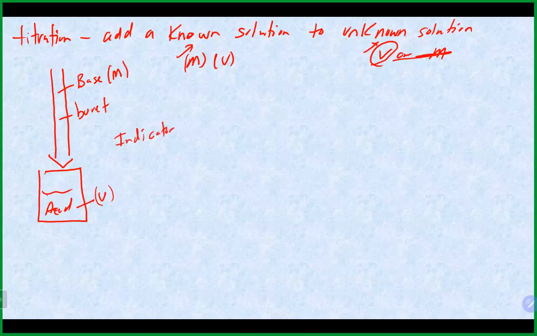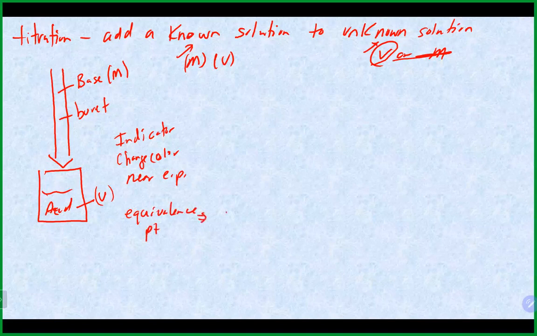And an indicator will change color near the equivalence point in a titration. And the equivalence point in a titration of an acid and a base is the point where the moles of the acid will equal the moles of the base.